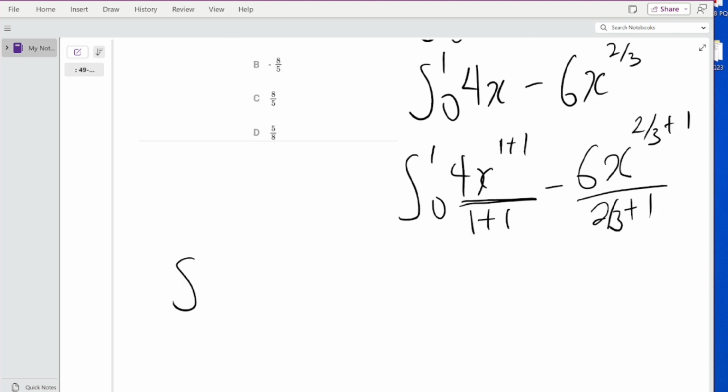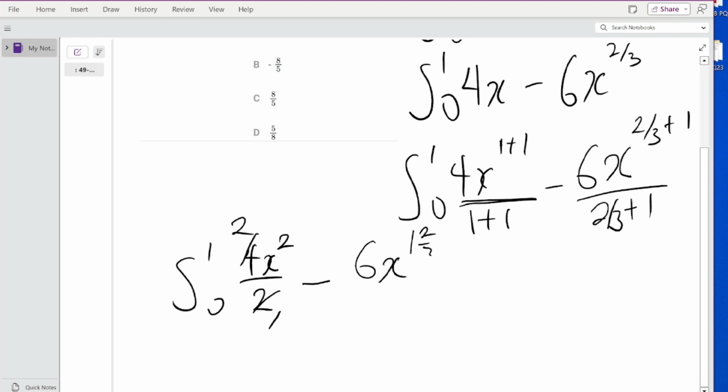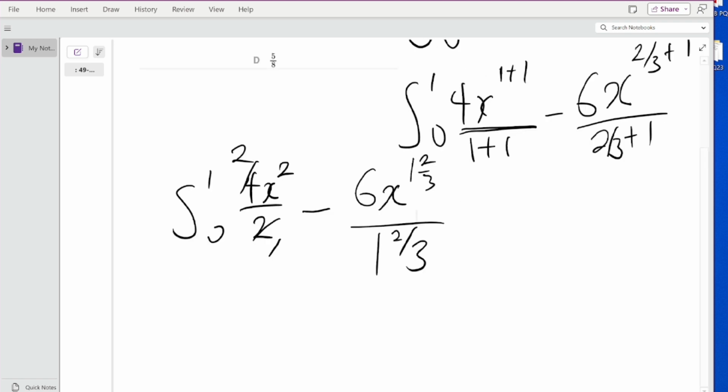On our next line, we have 4x to the power of 2 over 2. It's a whole number, not a power at this level. So 2 here, 1, 2 here, 2. Minus, we have 6x to the power of, when you know how to add your fractions, this is 1 on number 2 over 3 over 1 on number 2 over 3.